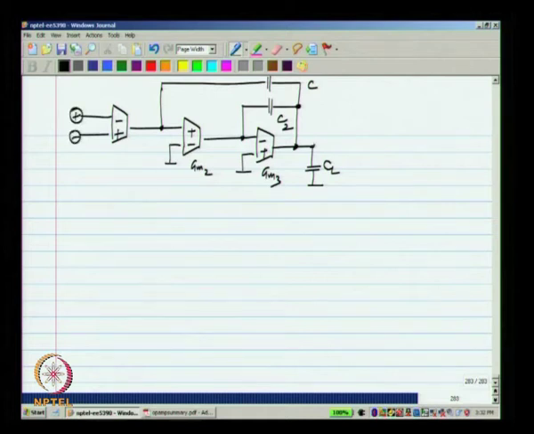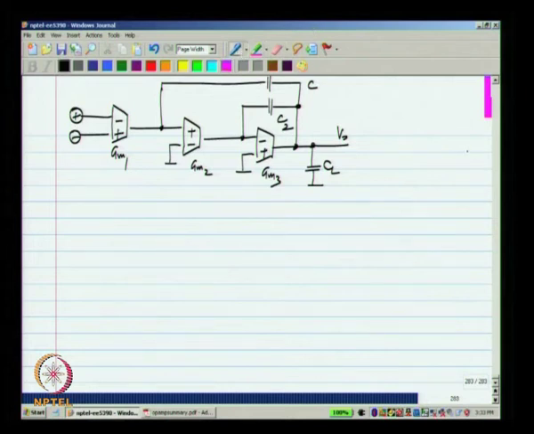This is the input of the op amp and that is the output. We can think of it as the input gm1 driving a current controlled voltage source with a trans impedance 1 over sC, and the current controlled voltage source is made using this two stage op amp. And the two stage op amp itself can be thought of as gm2 driving the current controlled voltage source with a trans impedance of 1 over sC2.